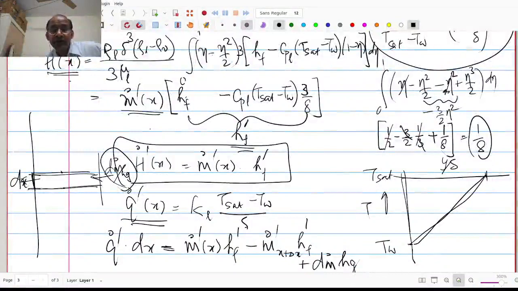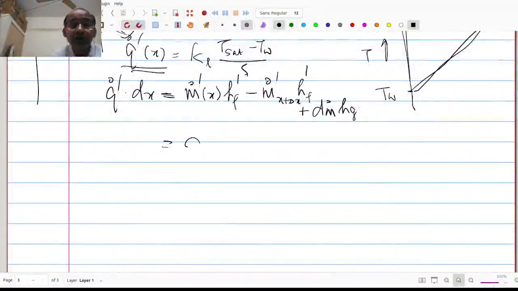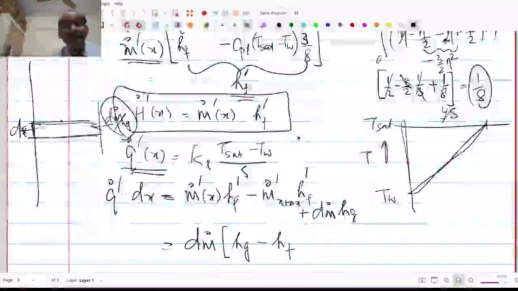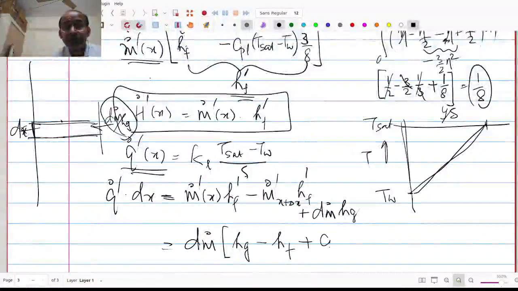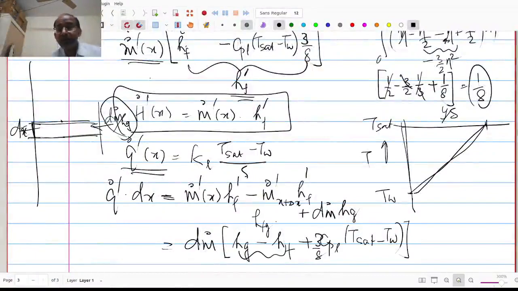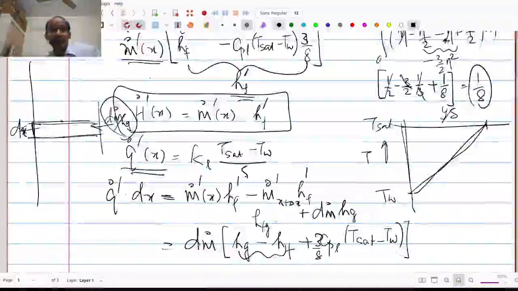So it will actually become hfg prime, where this is equal to dm dot multiplied by hg minus hf prime, which is hf plus cpl into Tsat minus Twall into 3 by 8. Okay, so this becomes hfg.